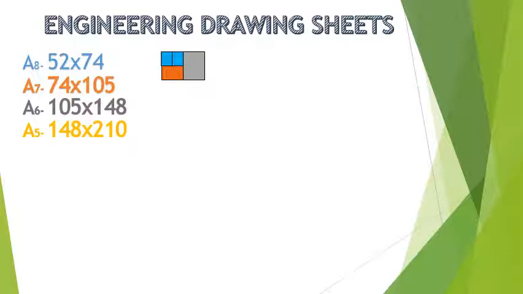Now we have A5 with size 148 by 210, and two A5 combine to form A4 with size 210 by 297. That's the most common size of paper we use with printers or copiers, etc.